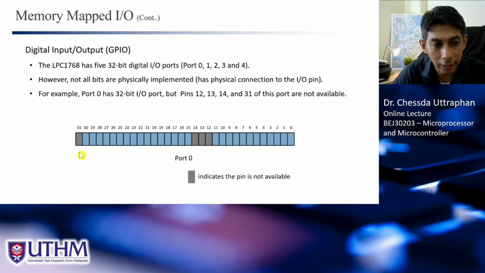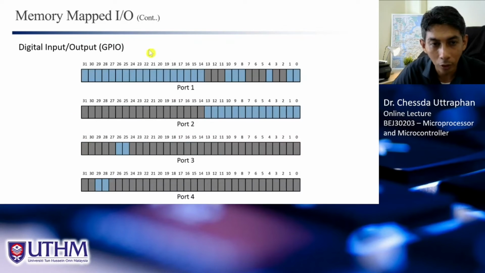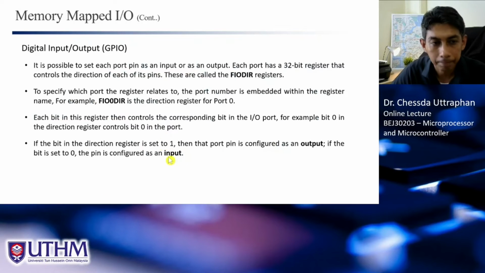If you have one port that is already 32 bits, and all have connections to pins, how many pins would you need on your microcontroller? Your microcontroller will be very big, and of course the cost is very high. So it depends on the manufacturer which ones to create a physical connection to a pin. But the architecture is from ARM, so ARM provides you all of this, right?